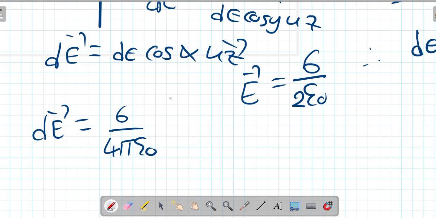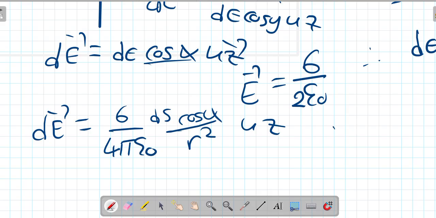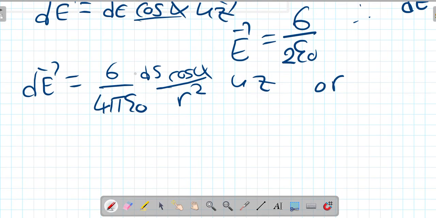Then here we're going to have ds, then cos alpha over r squared. However, this is a method where you're doing your calculations, then you identify that this is none other than solid angle.